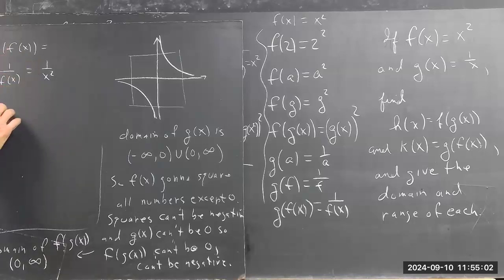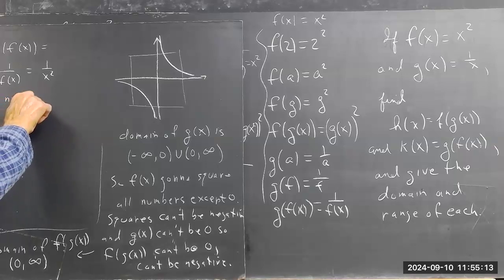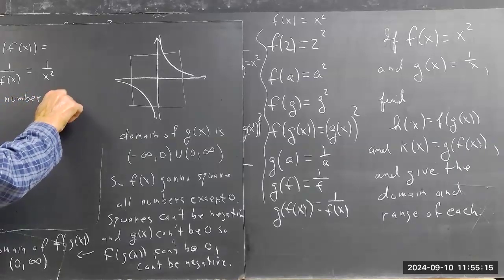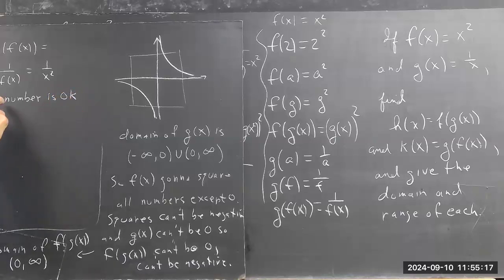Okay, now, g of f of x is 1 over f of x, which is 1 over x squared. I should say any real number, but right now we're only talking about real numbers. We'll talk about complex numbers a little later in the course.